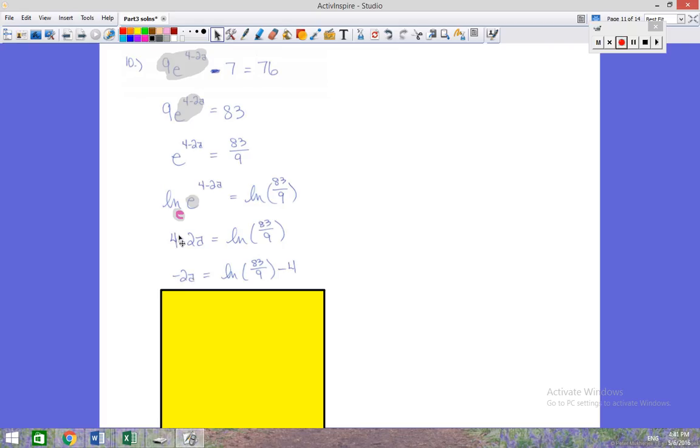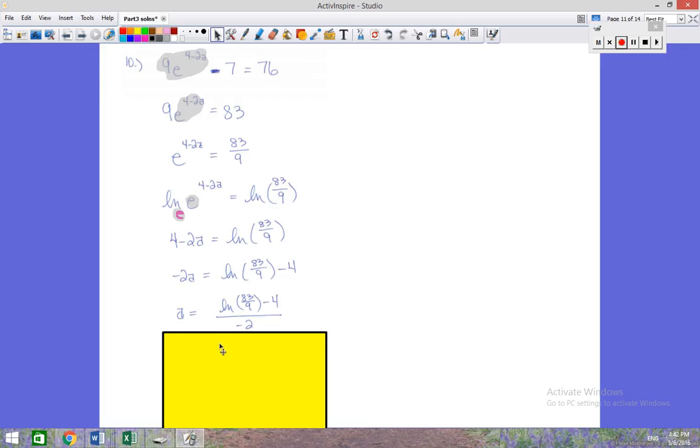Don't lose the negative sign that's in front of that 2. Since I subtracted 4 on the left-hand side, I had to subtract 4 on the right-hand side. Now, I'm going to divide both sides by negative 2. Negative 2 divided by negative 2 is 1, so I have 1a on the left, and this numerator divided by negative 2 there.